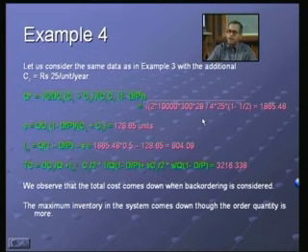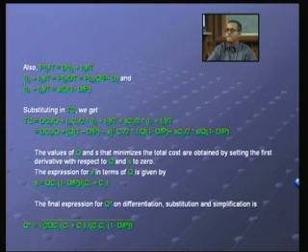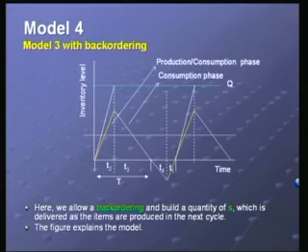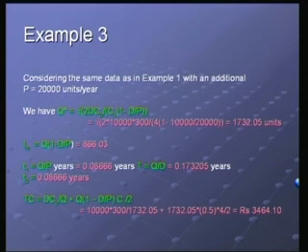Now with the back order, the economic order quantity is 1865.48. In the previous example, it turned out to be 1732.05. So we produce more per batch in the fourth one, which was expected.